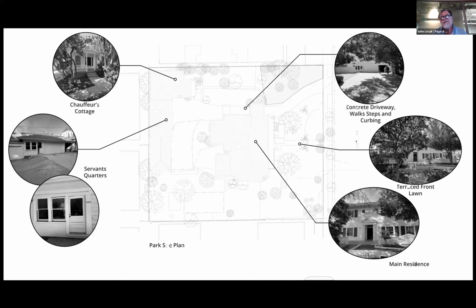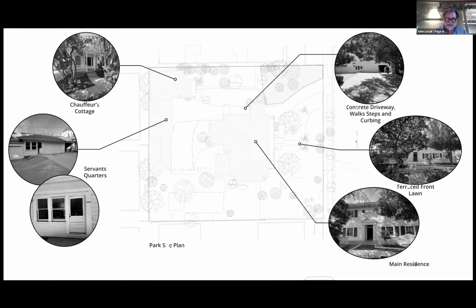And then we have a terraced front lawn. It's a little bit hard to see now because there's so much growth on the site. But if you remember the postcards and the historic photographs, you could really see terracing. There's a walk from the street up to a very formal porch. And then you go in through the big door with a broken pediment into a foyer, and then there's a grand staircase, and all the units spin off of that.